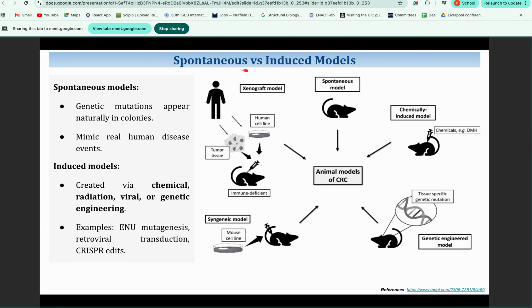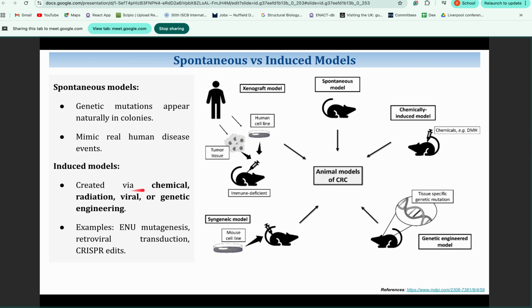Now we will talk about the spontaneous versus induced models. Spontaneous model means genetic mutations appear naturally in colonies. They mimic real human disease events. That means the mutations are occurring spontaneously in those colonies. Then come induced models.